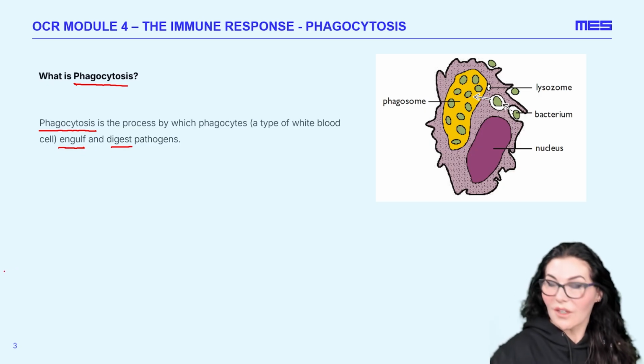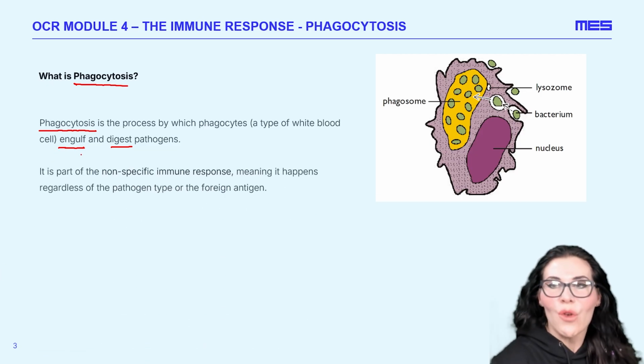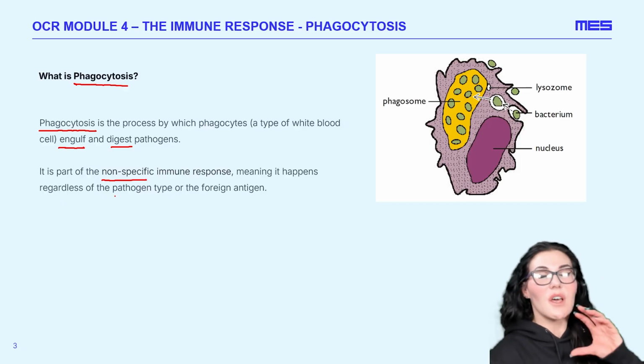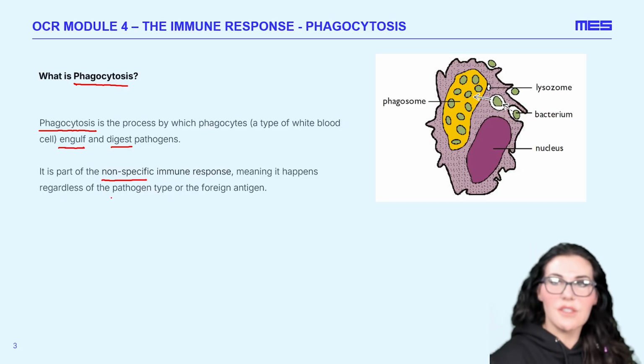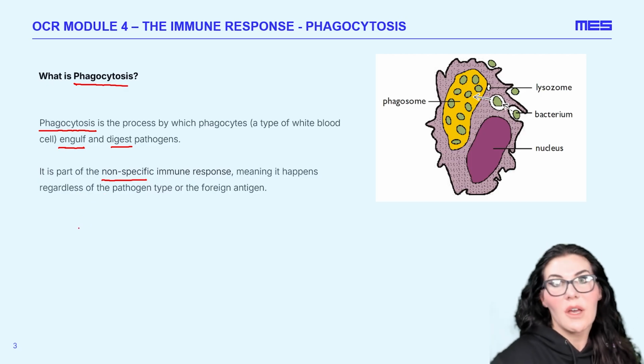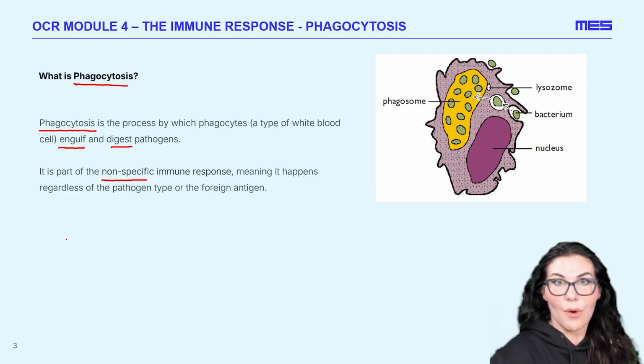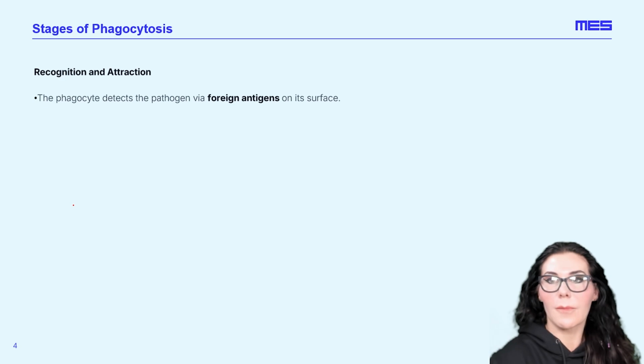And we're going to look at the details of that in a second. Now, this is non-specific, guys. It's not a specific immune response because it doesn't matter what the pathogen is, regardless of the pathogen type, phagocytosis will happen as long as an antigen that is foreign to our body is present in our bodies.